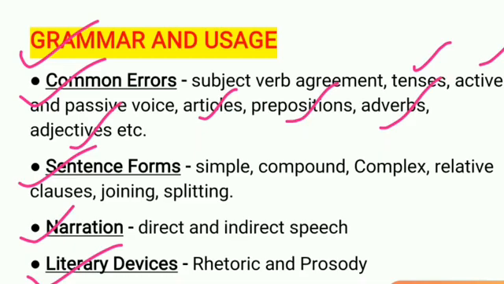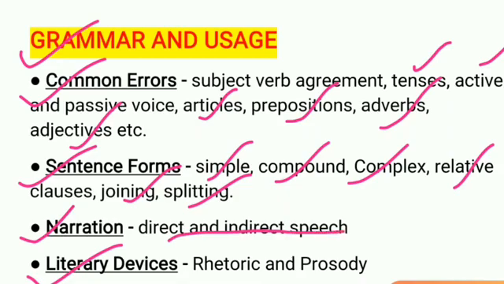Under the sentence forms section, you should read about simple sentence, compound, complex, and clause. You should read relative clause, joining, splitting. These types of grammar from sentence forms are generally asked. And in the narration or speech section, direct and indirect speech needs to be read for the same exam.